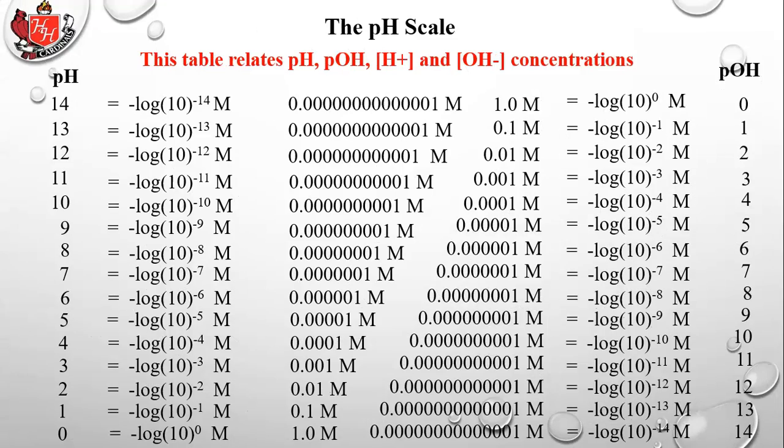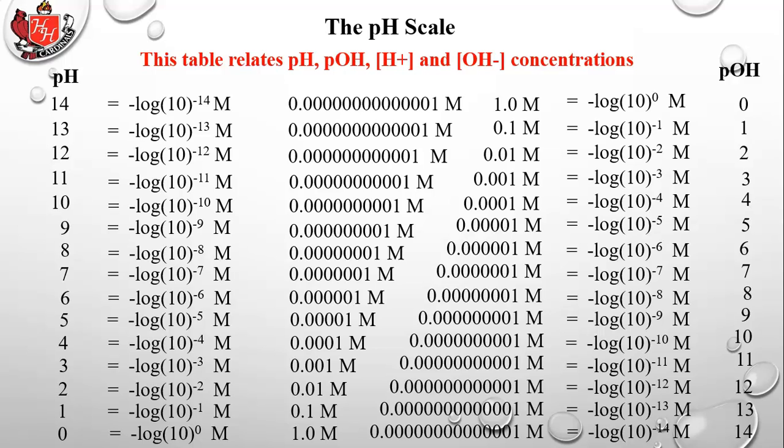Now this simply adds on to the table we saw earlier. It has the same numbers for the acid on the left and for pH, but on the right we've now added the base concentrations and the pOH. So you can see it's exactly the same except it's flipped around. If you have a pH of 14, you have a pOH of 0.